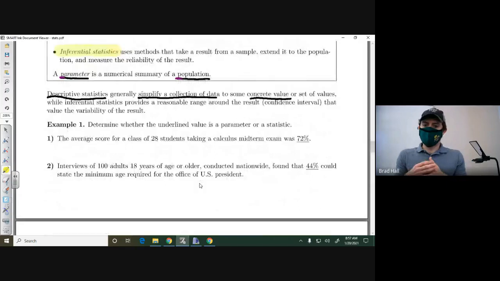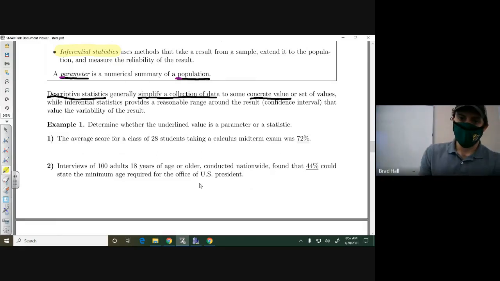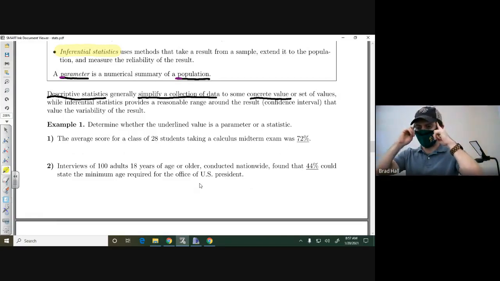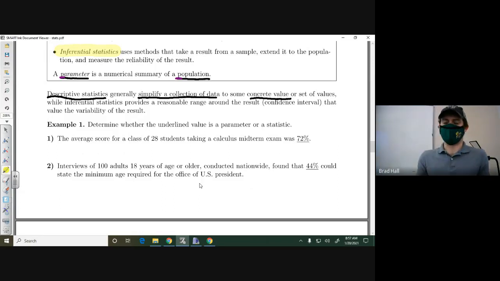So example 1 here. There's a question or two on your homework that asks you to determine whether the underlying value is a parameter or a statistic. Now remember what I mentioned: parameter is population, statistic is sample. So we're figuring out, is the underlying number representing the whole population, or just a sample of the population?